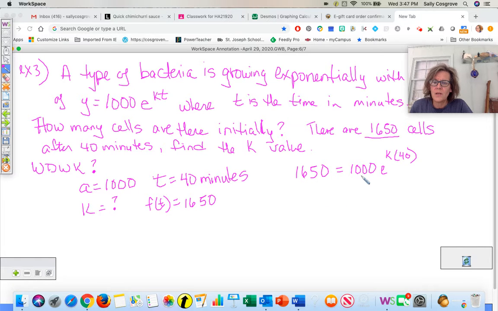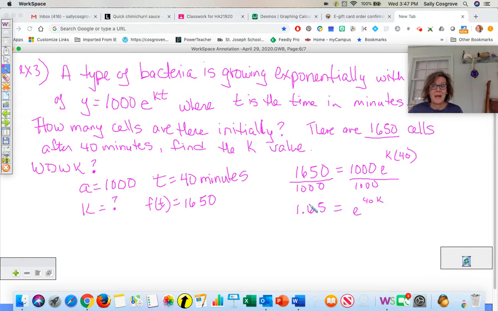So the first thing we're going to do is divide both sides by 1,000, and that will be our start to isolate our exponential. And when we do that, that actually divides out to a rational number and not an irrational number. So I'm just going to say 1.65 equals e to the 40k.